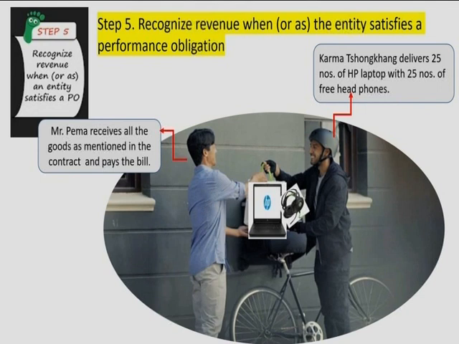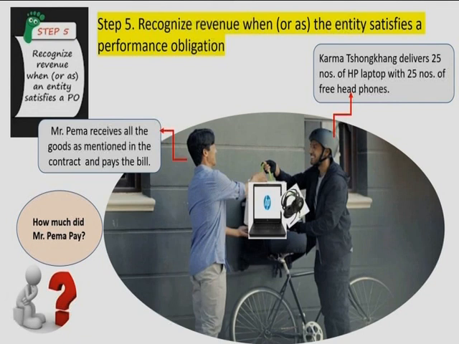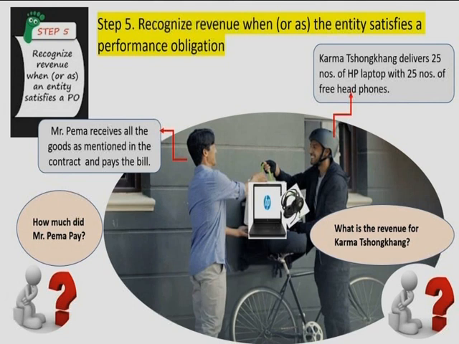So when Pema receives all these goods, how much will Pema pay, and how much will be the revenue in Karma Tsongkang's books? Karma Tsongkang has delivered 25 HP laptops along with 25 headphones to Mr. Pema.